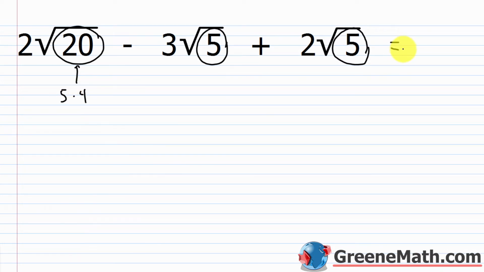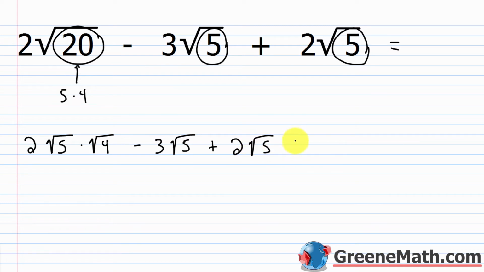So really what I can do is say this is 2 times the square root of 5 times the square root of 4 minus 3 times the square root of 5 plus 2 times the square root of 5. This is equal to, we know that the square root of 4 is 2.